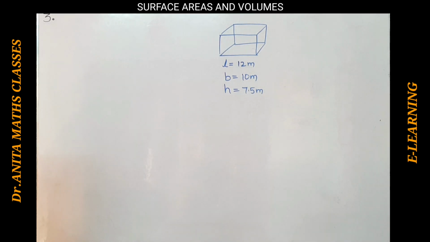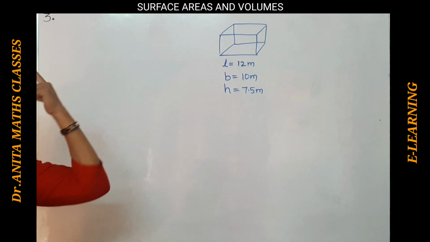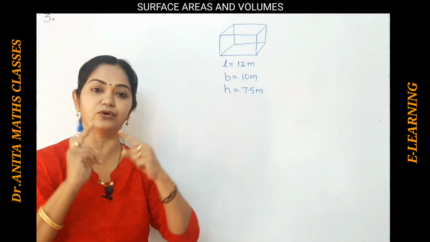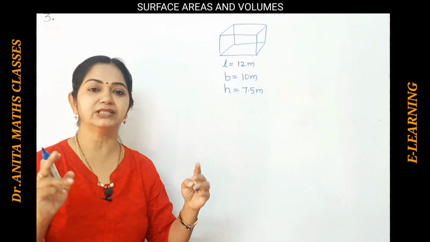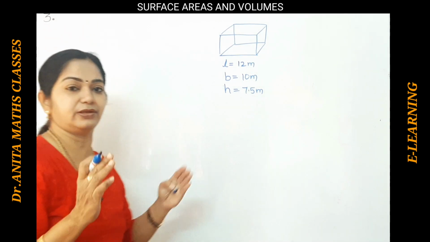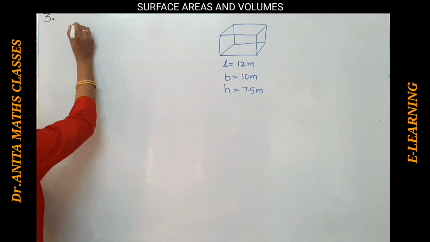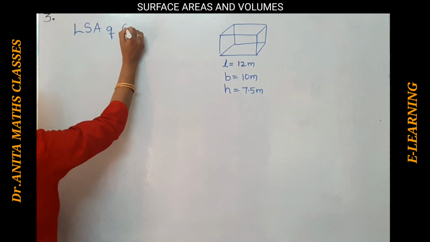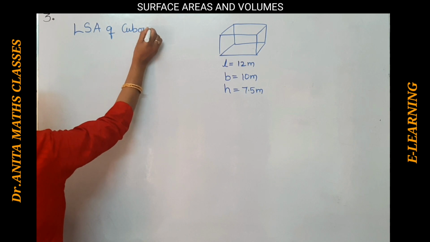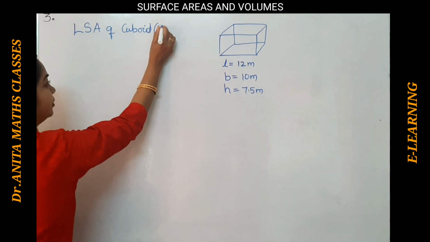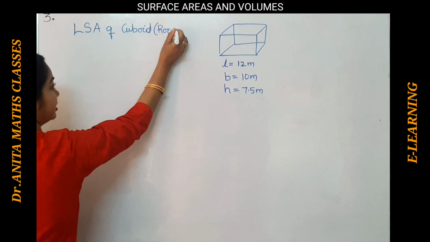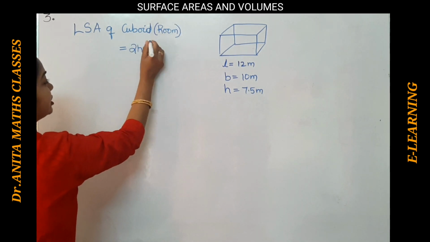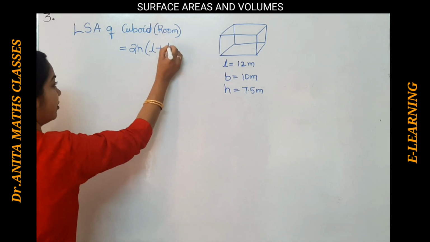Now here the question is, we have to find the area of the 4 walls of a room. When you are telling the area of 4 walls of a room, that means we have to find the lateral surface area of the cuboid. So, LSA of cuboid. Here the cuboid is our room. So, this is equal to 2H(L plus B). This is the formula.